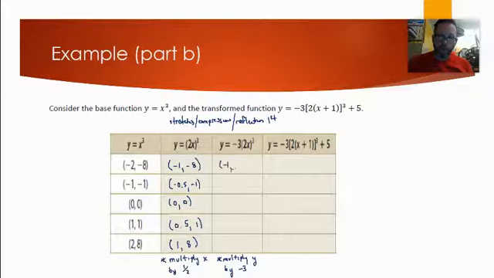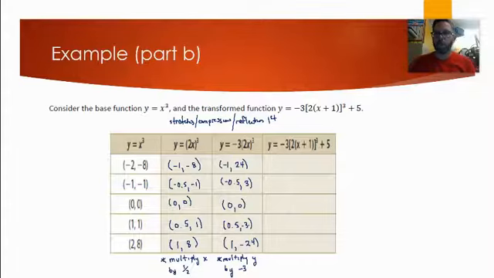So -1, this one is going to be stretched to +24, -0.5, +3, 0, 0, 0.5, -3, and 1, -24. I made a mistake. That should be -3. Just as a side note, if a transformed point gives you the original point again, we call that being invariant. So the point 0, 0 is invariant under any stretch, compression, or reflection.